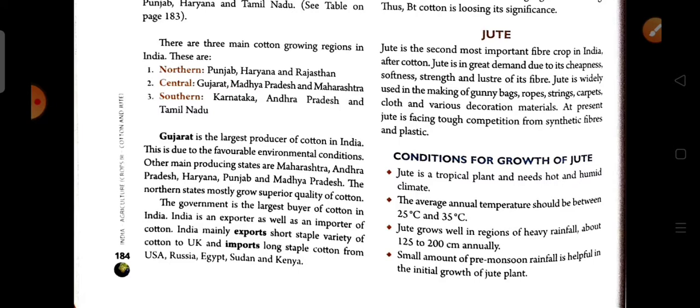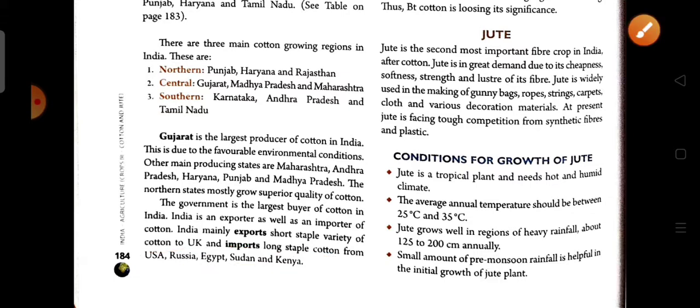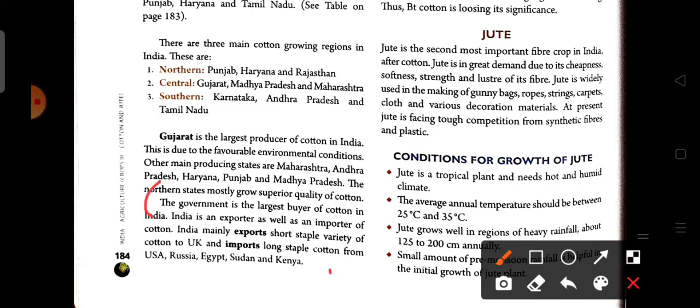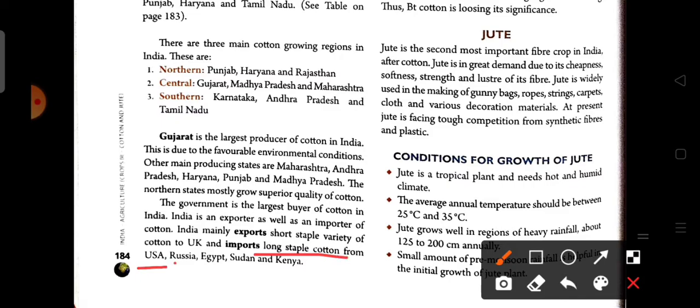India mainly exports the short staple variety of cotton to the UK and imports the long staple cotton from USA, Russia, Egypt, Sudan, Kenya.